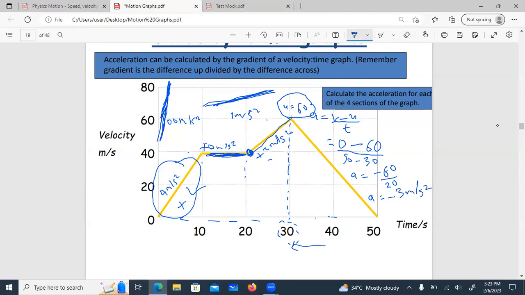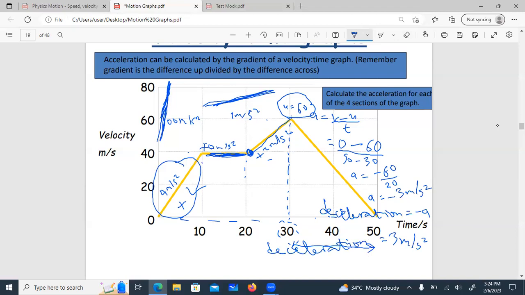From timestamp 30 to 50 is the last 20 seconds. So our deceleration is what? Minus acceleration. Put minus in front of minus 3, you get 3 meters per second square. That is the value of your deceleration.